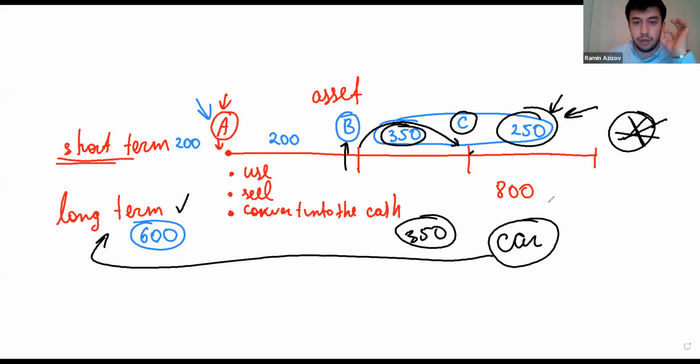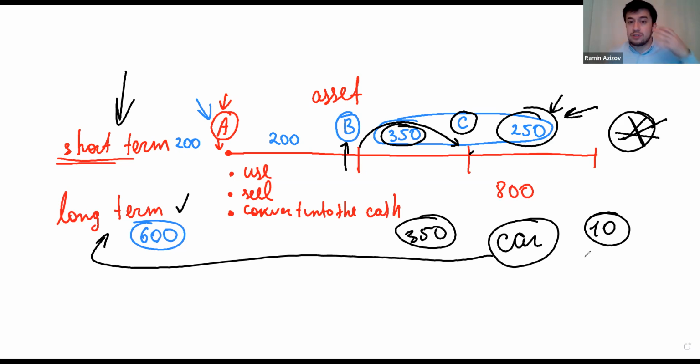But if you have an intention to sell that car, it's not your long-term asset, it's your inventory. Let's say you are a car seller and you have bought, let's say, 10 cars, and your intention is not to use them, your intention is to sell. In that case, the car will be classified as short-term. Why? Because you have an intention to convert those items into cash within the next financial year.